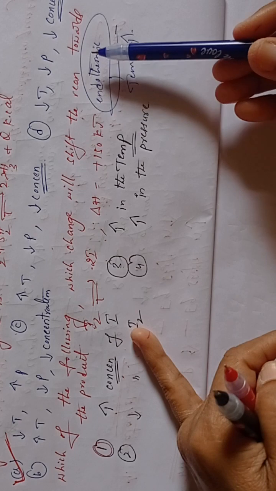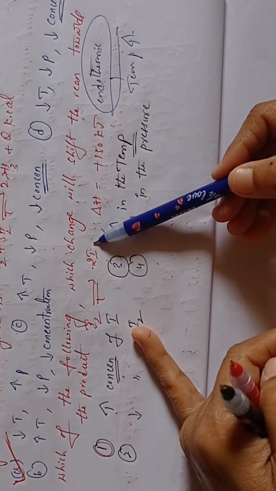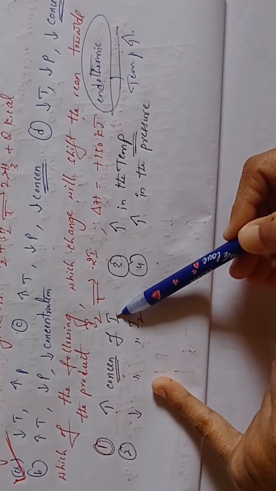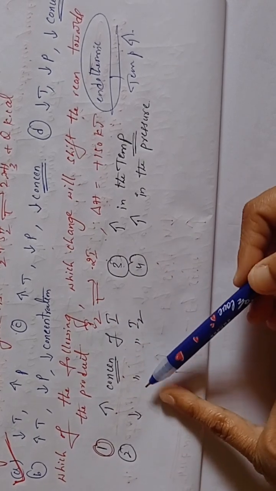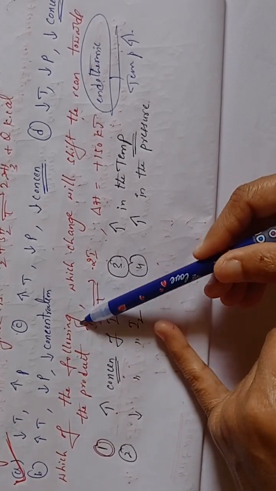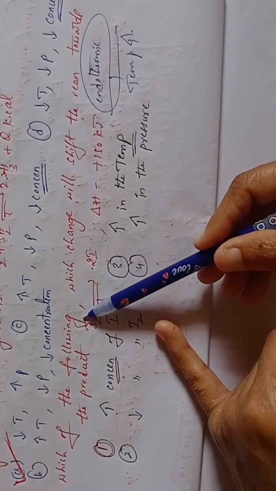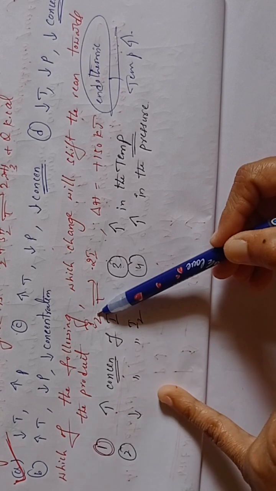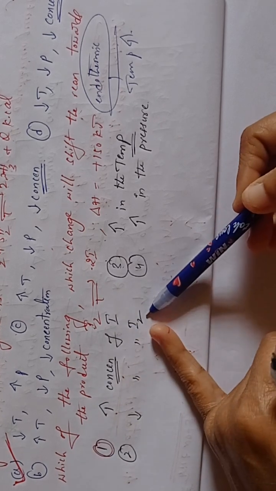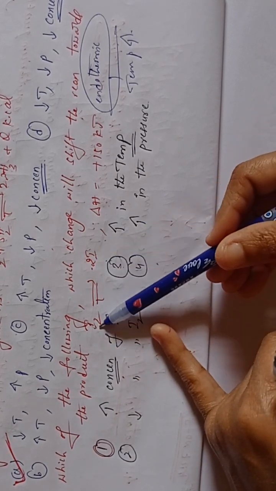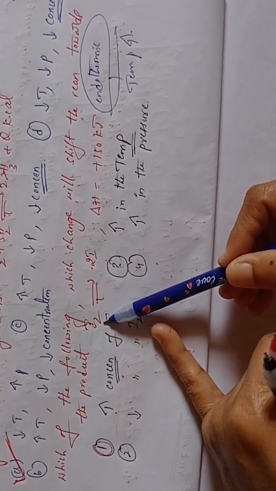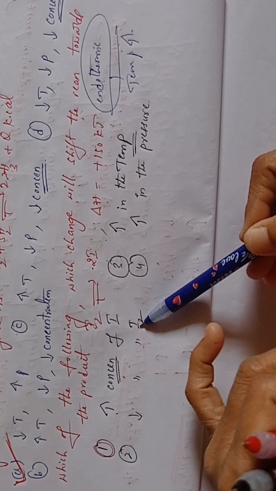But here we want a good product of I, so the backward reaction is not favorable. So option 1 is wrong. Second option, decrease in the concentration of I2. The equilibrium shifts to increase the concentration of I2, which happens in the backward reaction. So it is also a wrong option.